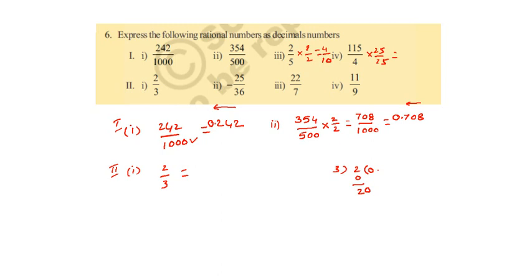Again, 3 6s are 18. Now you subtract it, you get 2 as remainder. You put 0 on the right side. Again, 3 6s are 18. Now you get the same remainder.